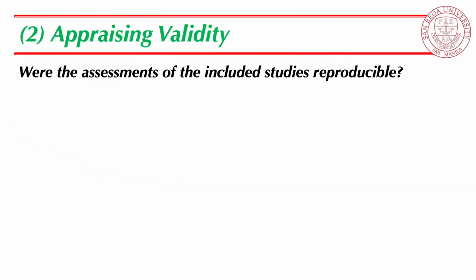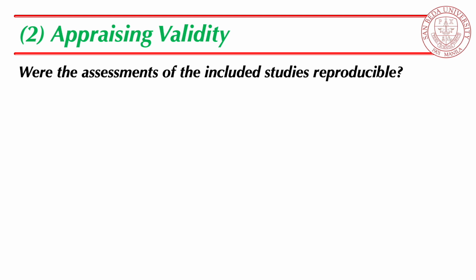The next and last question under validity appraisal is, were the assessments of the included studies reproducible? Now, authors of SRMAs have to make decisions on which studies to include, how valid the included studies are, and what data to extract from these studies. These decisions are difficult to make and are subject to human error.